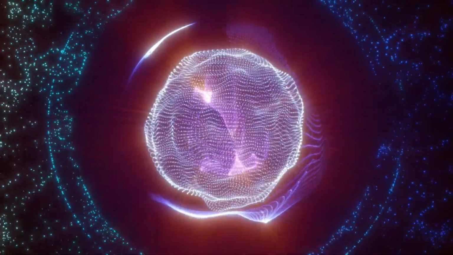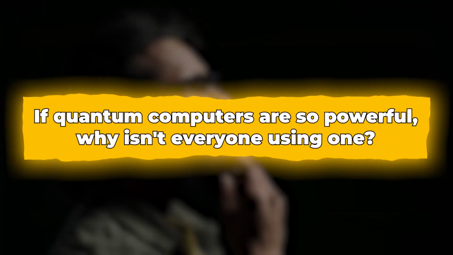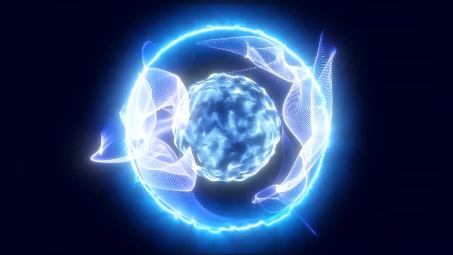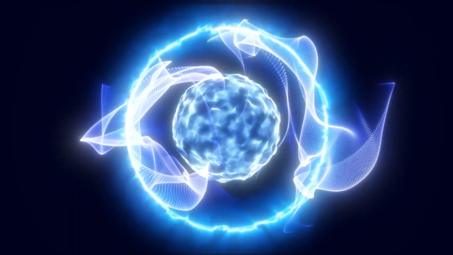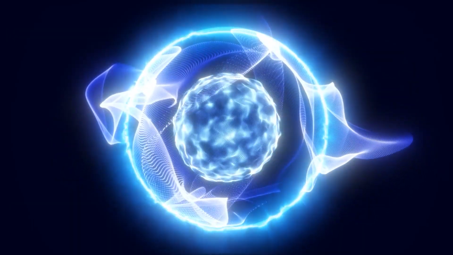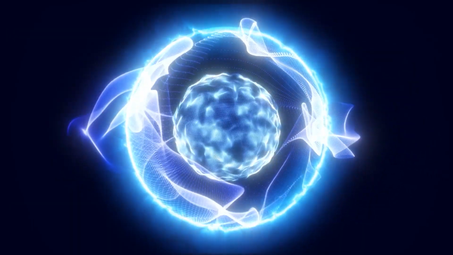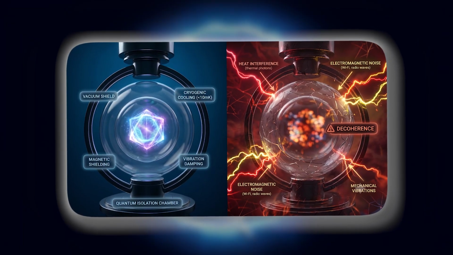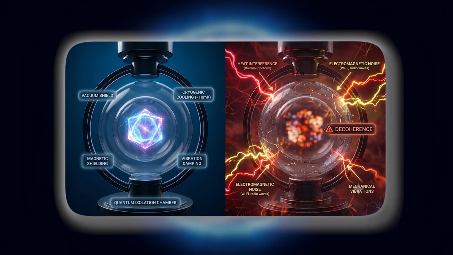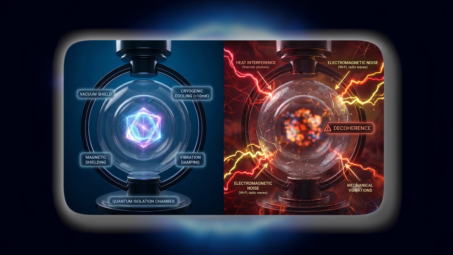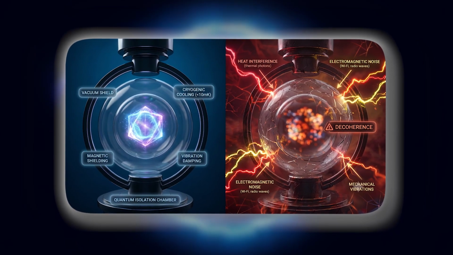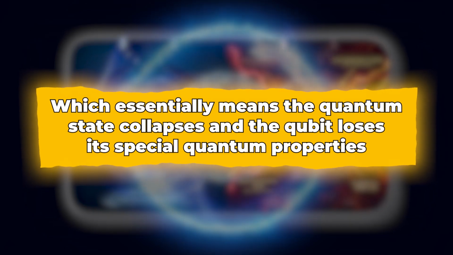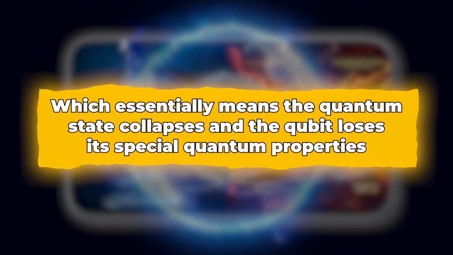Now you might be wondering, if quantum computers are so powerful, why isn't everyone using one? The answer is that building a quantum computer is one of the hardest engineering challenges humanity has ever attempted. Qubits are extraordinarily fragile. They need to be isolated from virtually every form of external interference, vibrations, heat, electromagnetic noise, because any disturbance from the outside world causes something called decoherence, which essentially means the quantum state collapses and the qubit loses its special quantum properties.